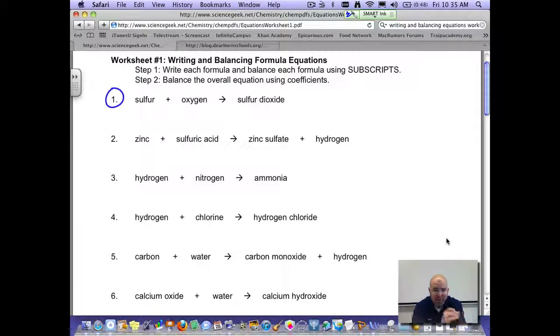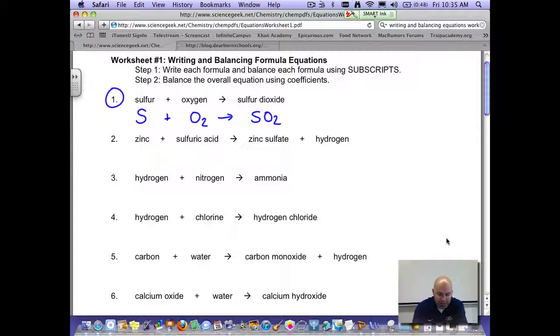Sulfur is S, with oxygen. Oxygen needs to be O2 because oxygen is diatomic. Sulfur is not, so I can keep it as just S. To produce sulfur dioxide, SO2, and it is balanced already.